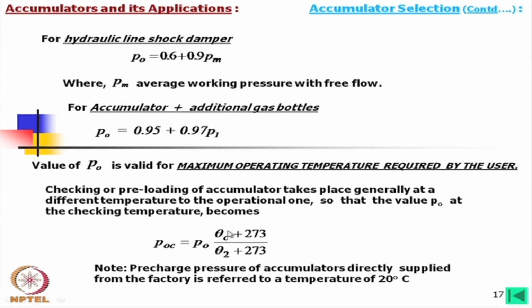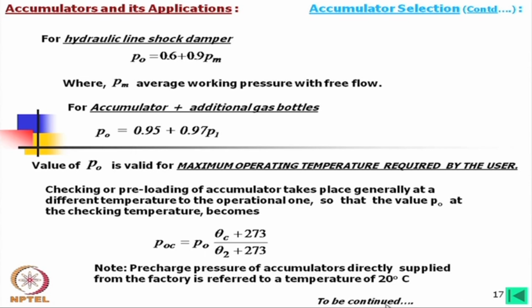This must be temperature in Celsius. Precharge pressure of accumulators directly supplied from the factory is referred to a temperature of 20 degrees centigrade.